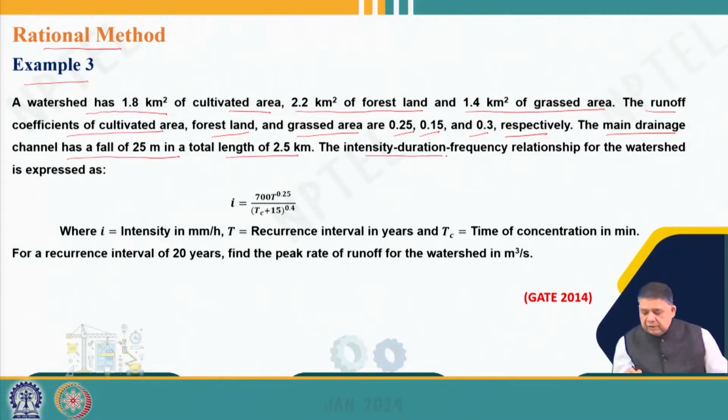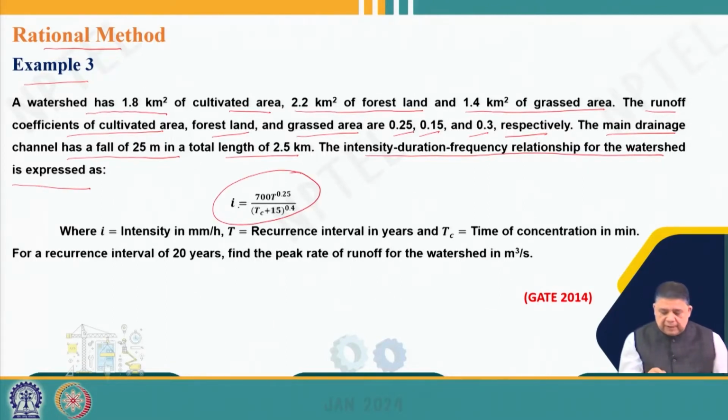The intensity duration frequency relationship for the watershed is expressed as I equals 700 T to the power 0.25, where capital T is the recurrence interval in years, and in the denominator we have Tc plus 15 to the power 1.4, where Tc is time of concentration in minutes, and of course I is the intensity of rainfall in millimeter per hour.